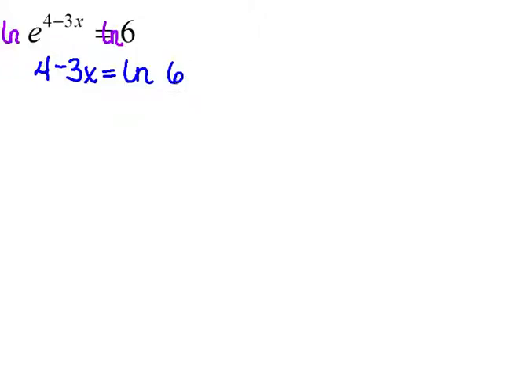Normally we don't like to evaluate till the very end. However, in this problem I need to know what ln of 6 is. So to 2 decimal places, what is ln of 6? 1.79. So what am I going to do now? Subtract 4.